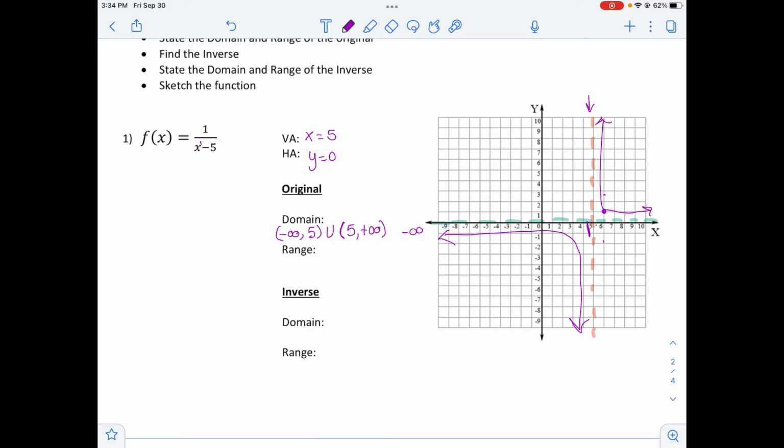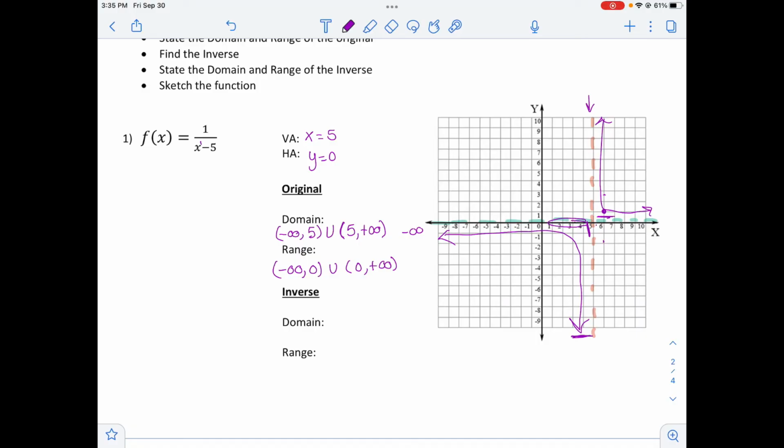And then with our range, we look here. We start at our -infinity. We go up to our horizontal asymptote, and it can't be included. Okay? We have to stop there, and then we start back over here and go up. So in this one, we're going to go -infinity to 0, union, 0 to positive infinity. And if you remember from doing inverse, when we have domain and range, they just switch spots for our inverse.